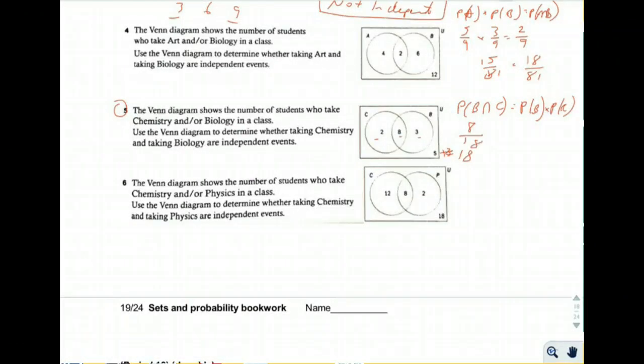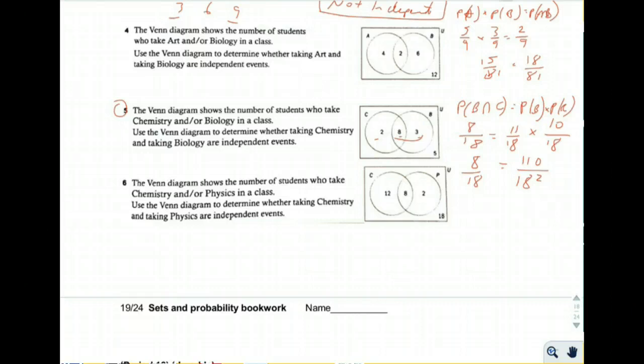So 8 out of 18 is equal to probability of B, which would be 11 out of 18. And probability of C would be 10 out of 18. So let's multiply those together and see what we get. We get 110 out of 18 squared. Is that equal to 8 out of 18? Let's see.